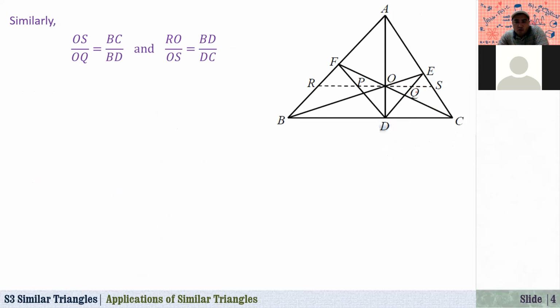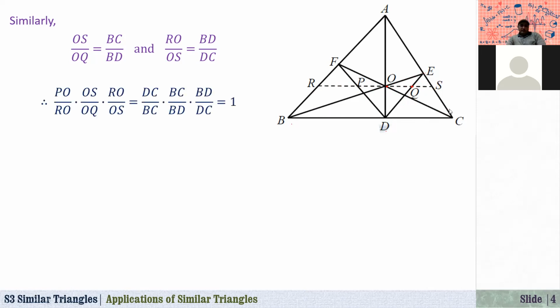So OS over OQ is equal to BC over BD, because EBD is similar to EOQ. And RO over OS is equal to BD over DC, it's ratios.